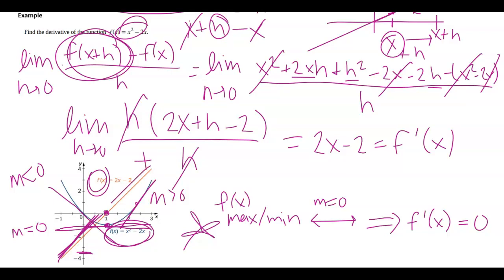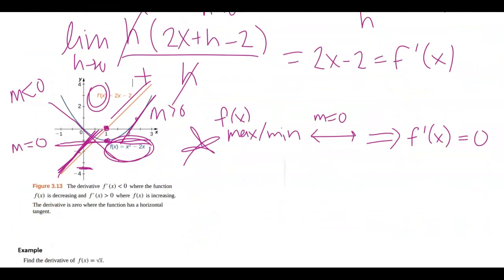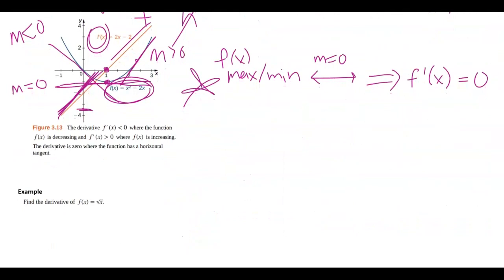So these are some graphical connections between these two functions, because the derivative is the slope of the tangent line. Where the tangent line is 0, the graph of f prime will be 0. Where the tangent line has a negative slope, the graph of f prime will be negative. And where the tangent lines have positive slope, the graph of f prime will be positive.